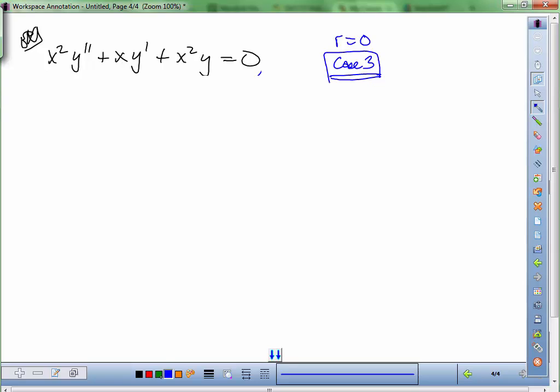Okay, Frobenius tells us our solution, I'm going to say y, but this is like y1. This is y1 that we're looking for. Our solution should look like this.